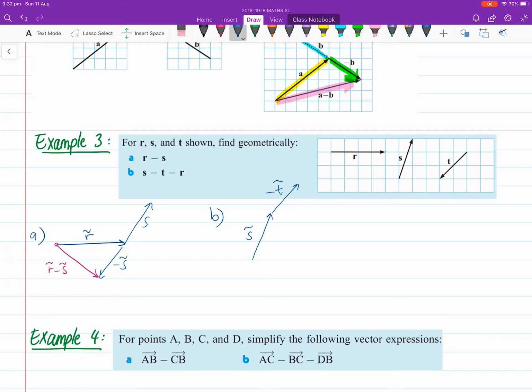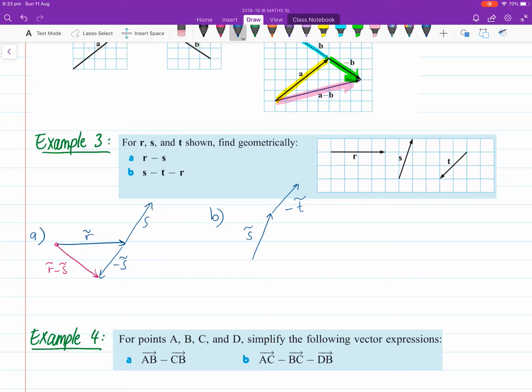And then we've got minus R. Now R is currently going that way to the right, so I want to reverse it, so I want it to go the other way. So actually I'm going to move this other way so it won't fit.